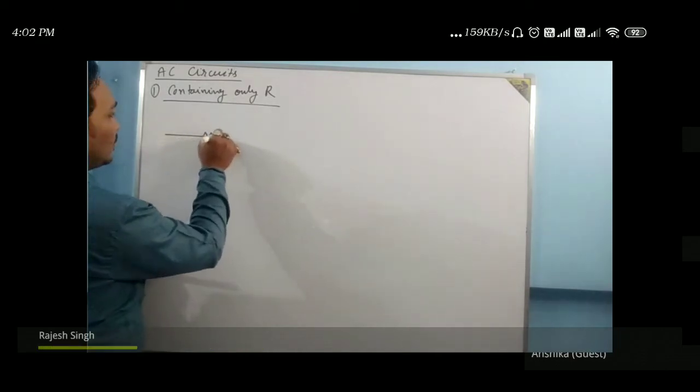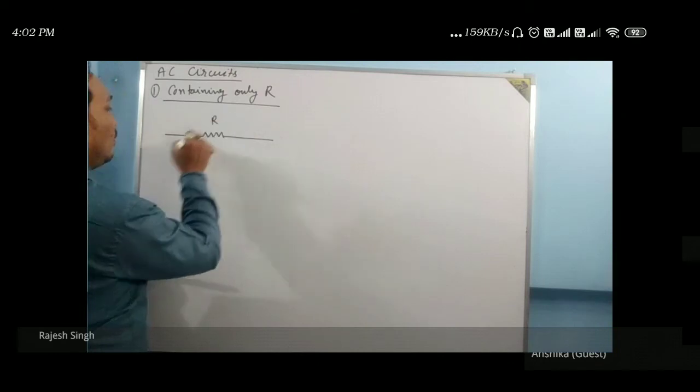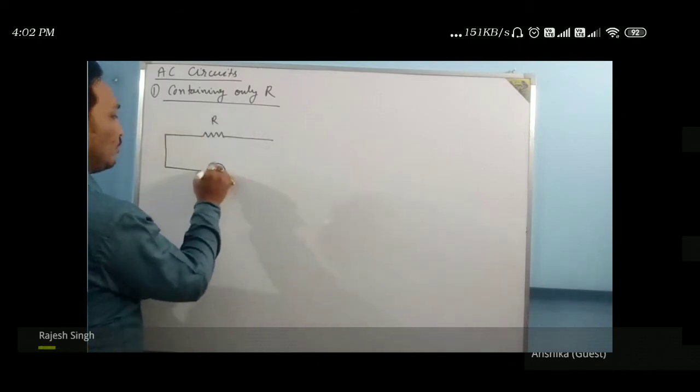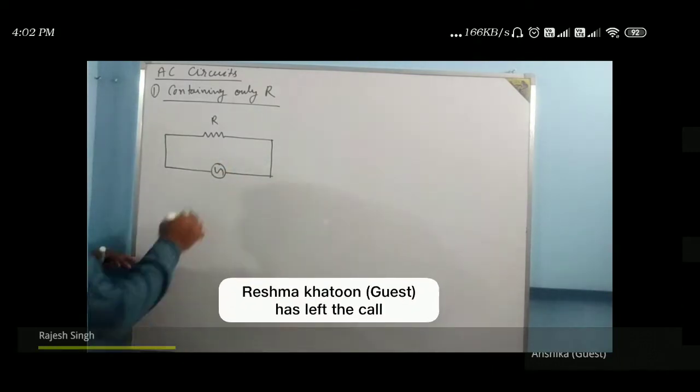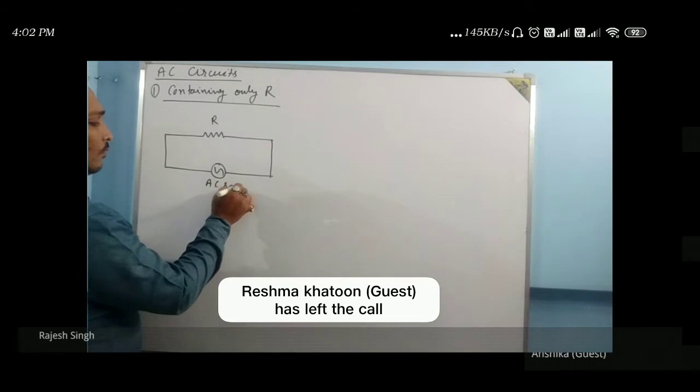One resistance is connected with an AC source. AC source is represented like this: a circle, and in the circle the graph of AC. Don't mark the direction of current, because the direction of current changes.